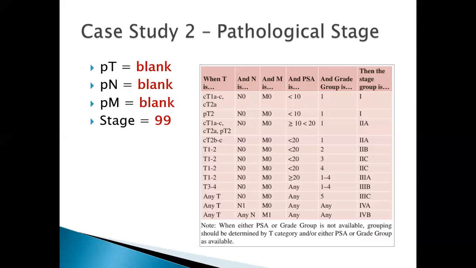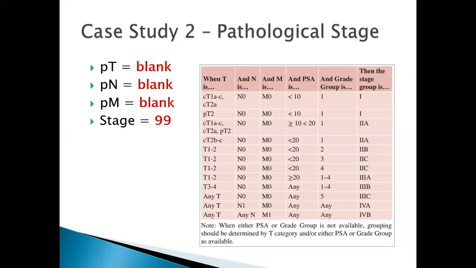Pathological staging is really easy when the patient doesn't meet the criteria to pathologically stage the case. It is as simple as that. If your patient does not have a prostatectomy or a biopsy proving T3, T4, and lymph nodes removed, it's blank.